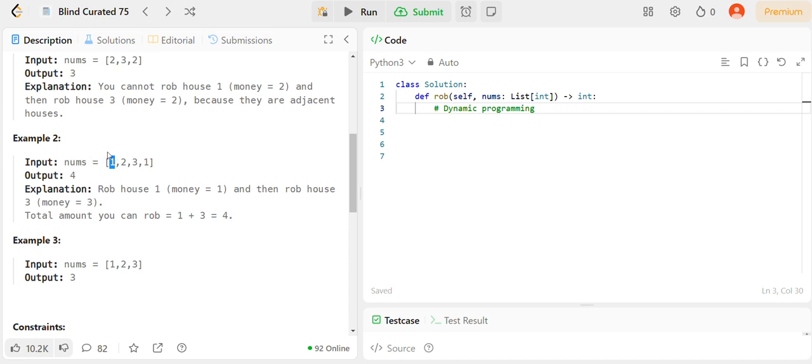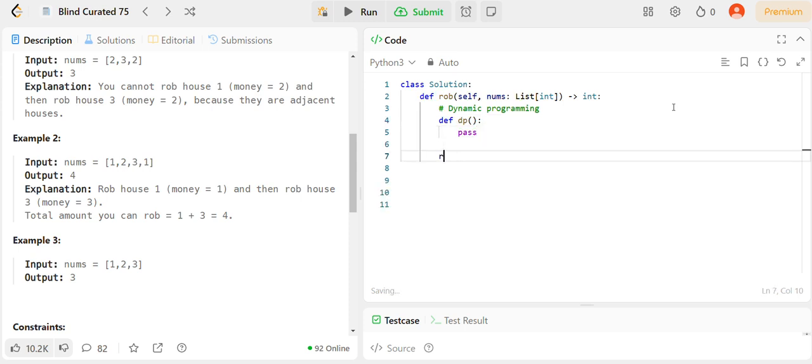It's the sum of the previous one and the current one. So I would like to write the function code. We also have to solve the problem of the first element and the last element. So for example, here we can deal with 1, 2, 3 first and deal with 2, 3, 1 later.